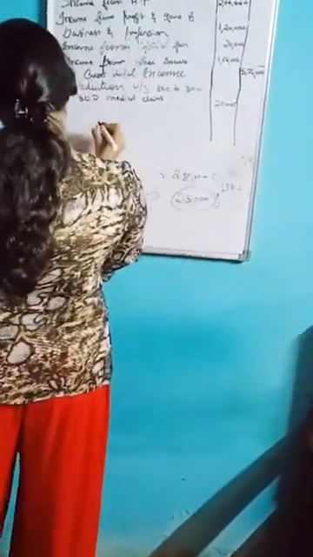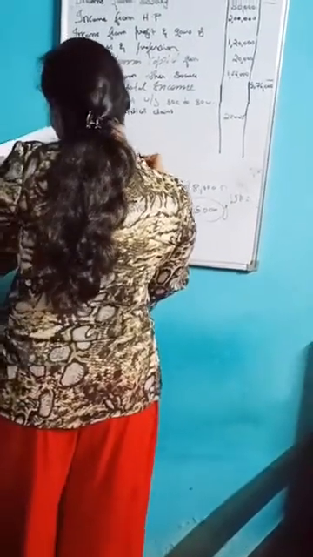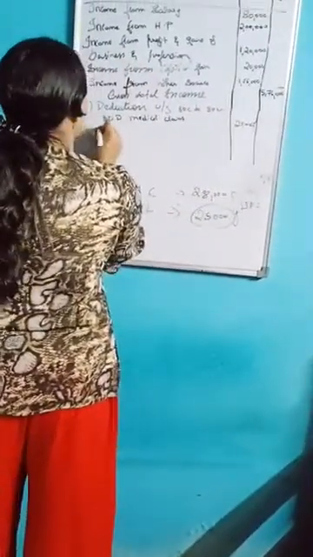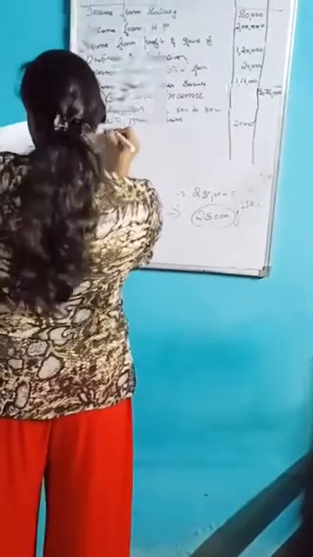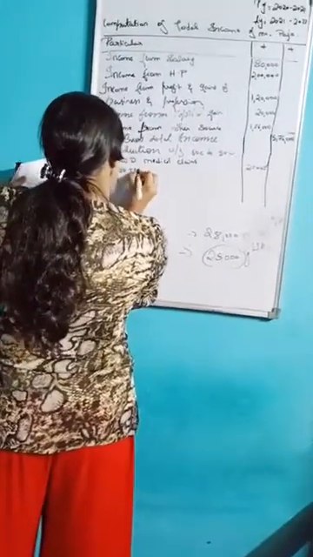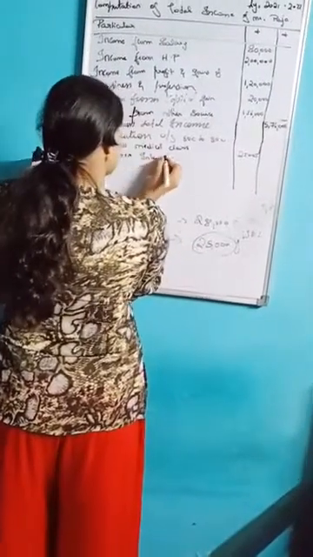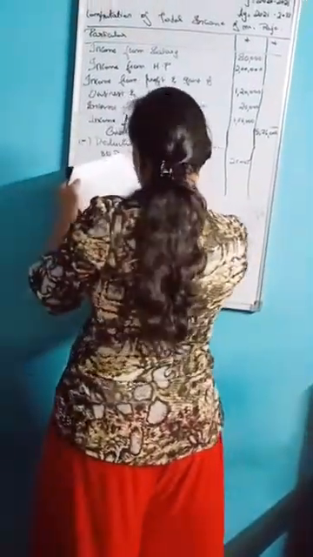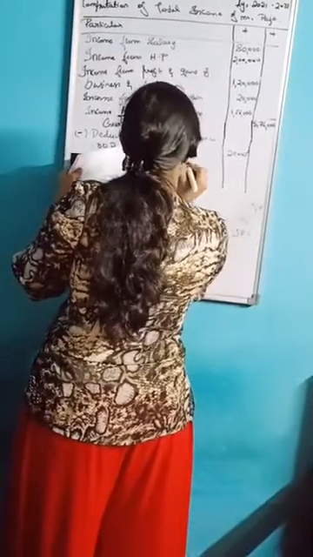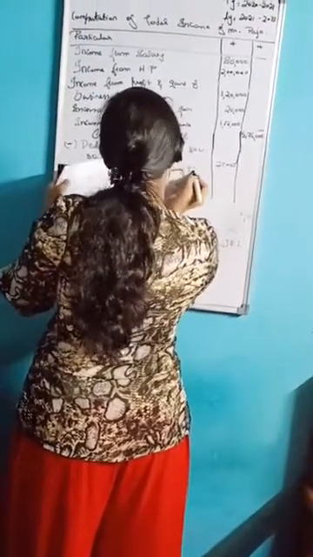Next one is, they mentioned interest on savings account. Under which section will that come? 80TTA. That is interest on savings account.